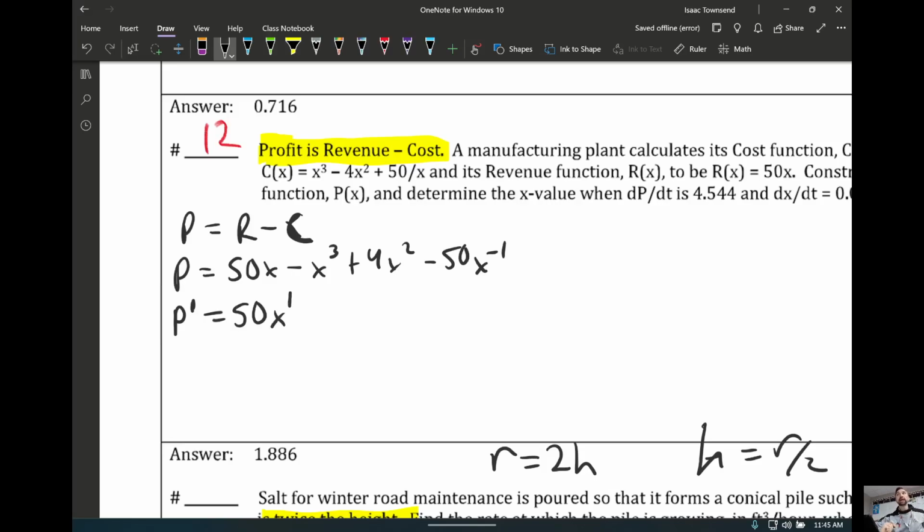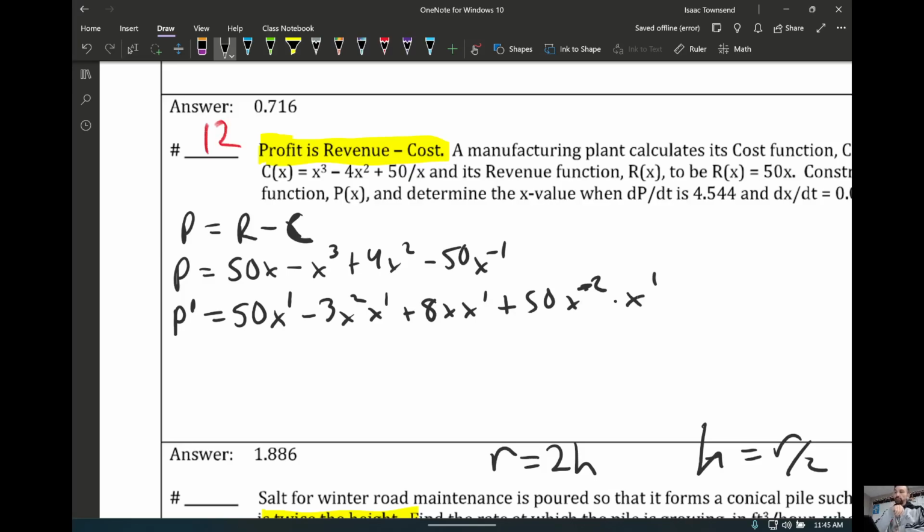So it's 50x prime. Power rule, but I'm taking the derivative of x. Every single time you take the derivative of something with respect to time, unless it's the time variable, you got to create that variable prime.